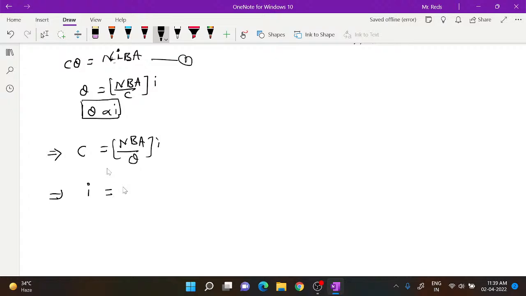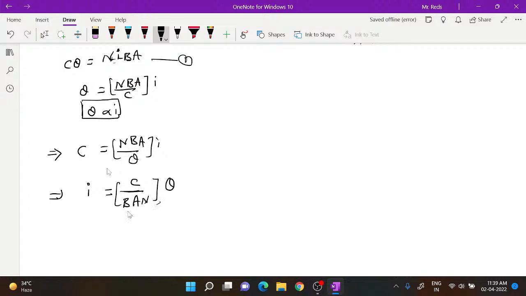I is equal to C by NBA, or BAN, into theta. This arrangement you can write in different ways. From this you can also say I is directly proportional to theta, and theta is directly proportional to I.